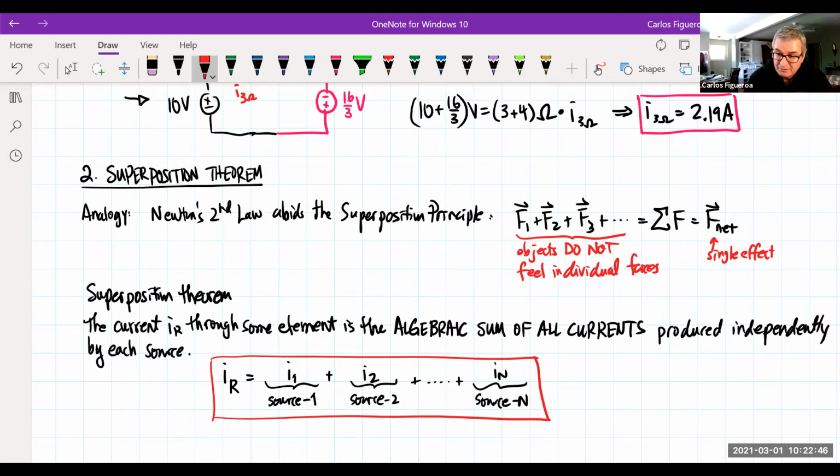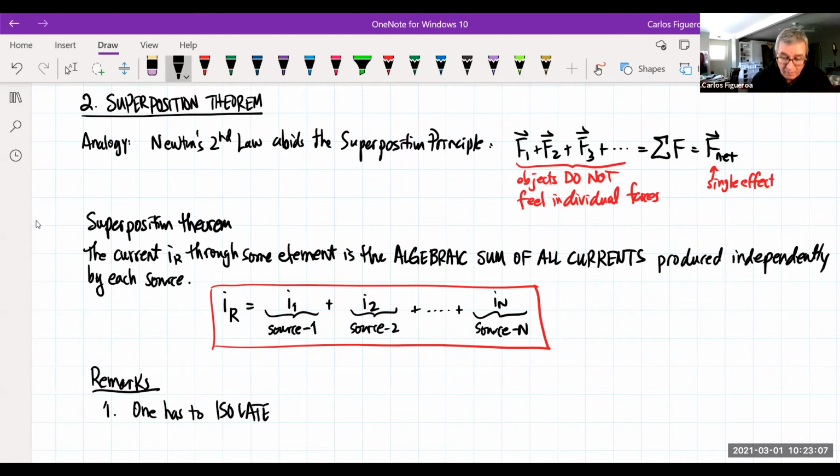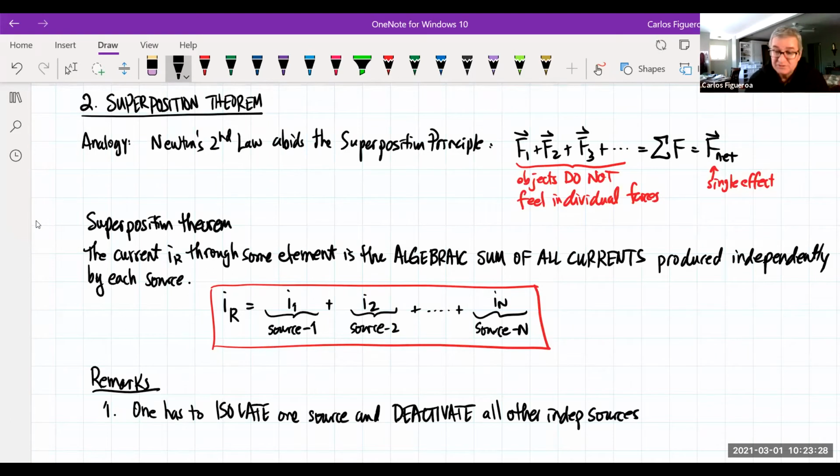So the first thing that you got to do here, remarks: 1. The first thing is that one has to isolate one source and deactivate all other independent sources.